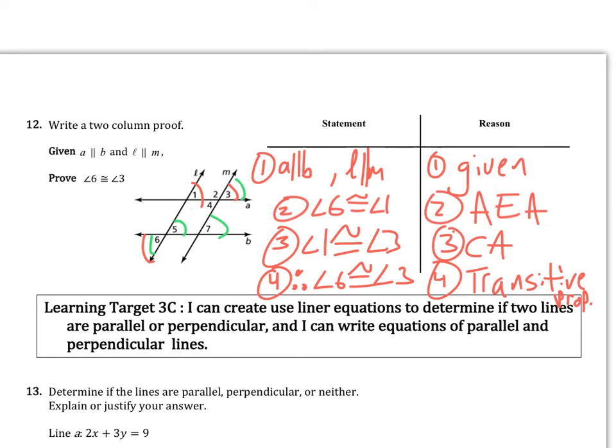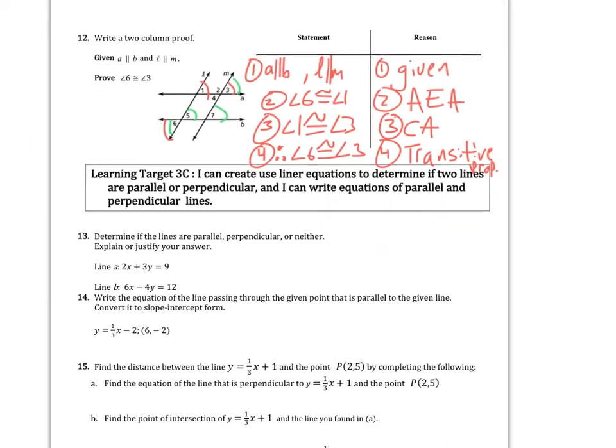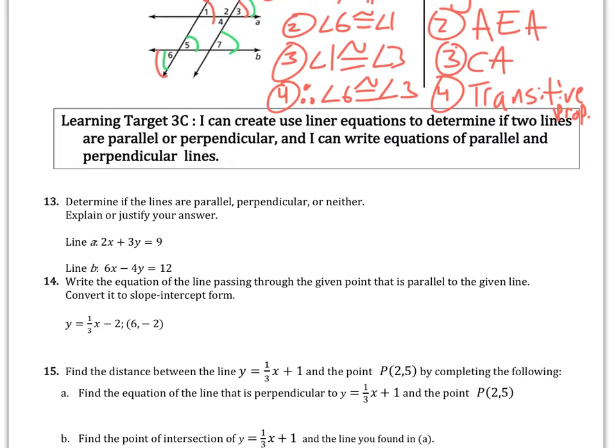We could tie those together with the transitive property: 6 is congruent to 5, 5 is congruent to 7, 7 is congruent to 3, so 6 is congruent to 3. We could go that route as well. We could bounce around all different kinds of ways. You could go alternate interior angles, and then another vertical. Different ways to go, and one's not necessarily better. They might be quicker or fewer lines, but it doesn't necessarily mean it's better.